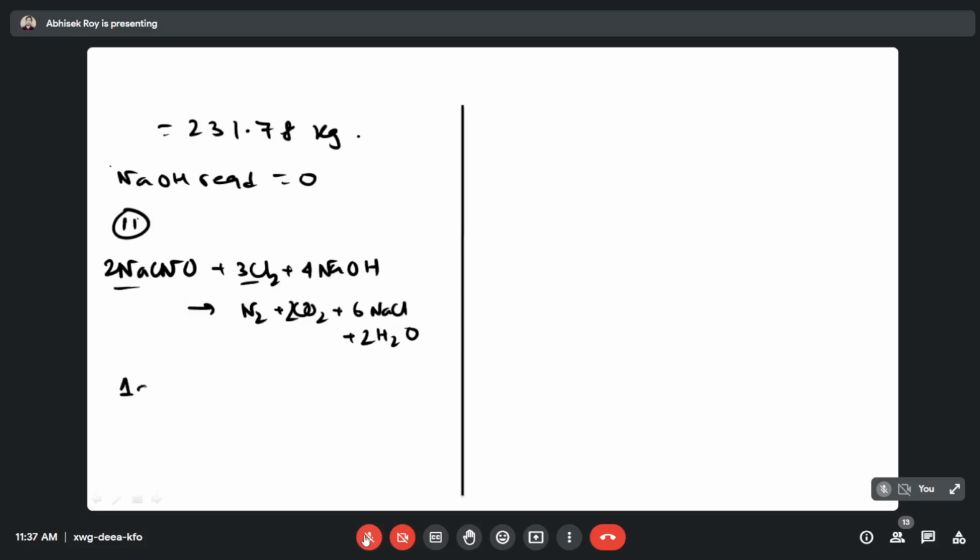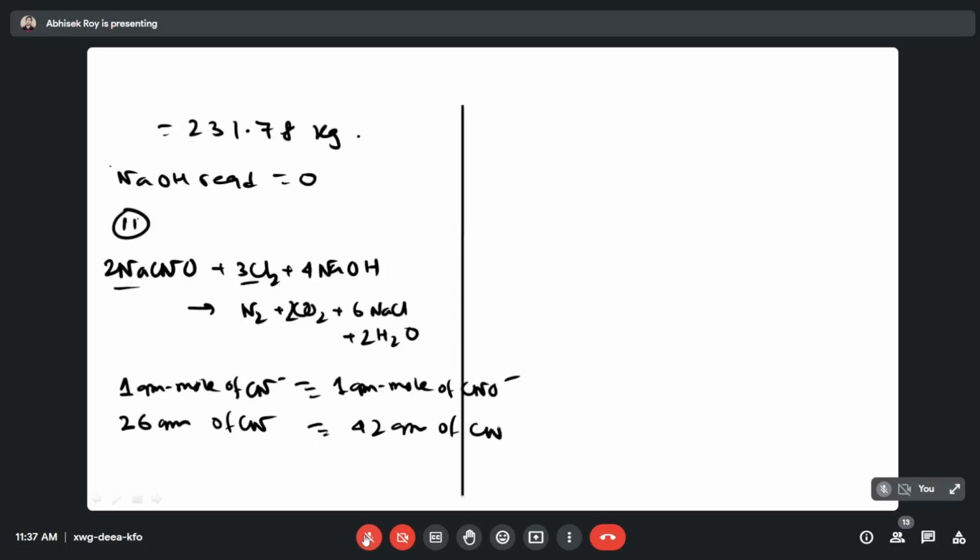Now 1 gram mole of CN minus is equivalent to 1 gram mole of CNO minus. That means 26 gram of cyanide is equivalent to 42 gram of CNO. কেন? এই 42 গ্রাম অফ CNO এর মধ্যে 26 গ্রাম CN ই আছে, রাইট?